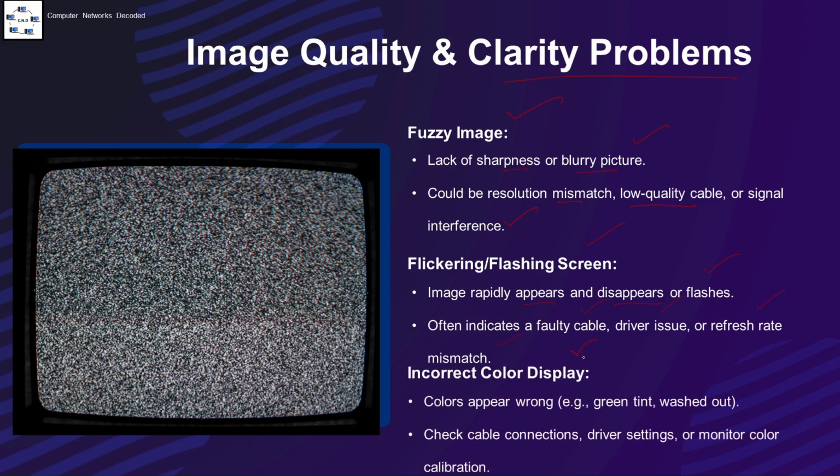Or we may have incorrect color display, where colors appear wrong, such as a green tint or washed out. If you have this kind of problem, check the cable connections, driver settings, or monitor color calibration.